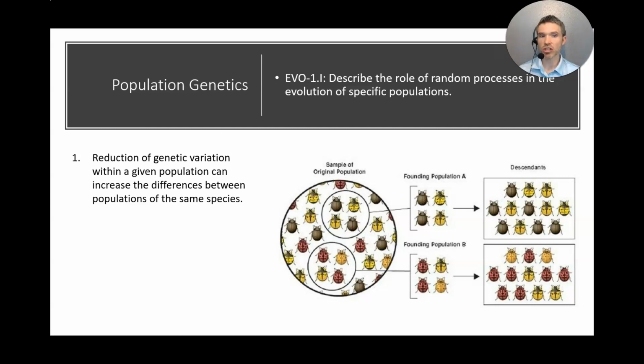Now what you'll notice, if these 2 founding populations continue to breed and create generation after generation, you can see in the descendants that these new populations are distinctively different from each other. In fact, they actually may create 2 separate species.